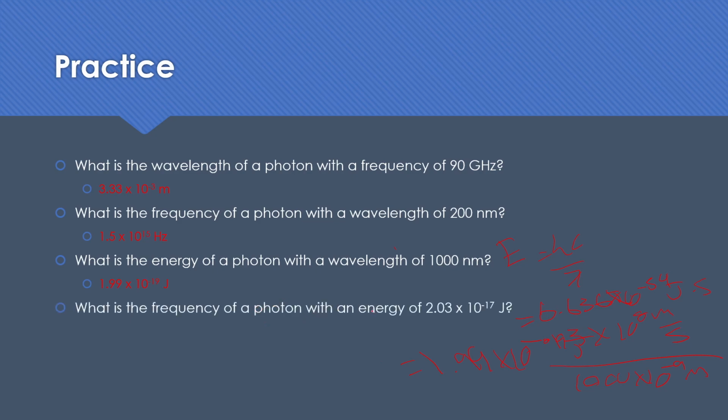What's the frequency of a photon with an energy of 2.03 times 10 to the minus 17 joules? Well, E equals h nu, so nu equals E over h. So it's 2.03 times 10 to the minus 17 divided by 6.636 times 10 to the minus 34. And you'll get 3.06 times 10 to the 16th hertz.